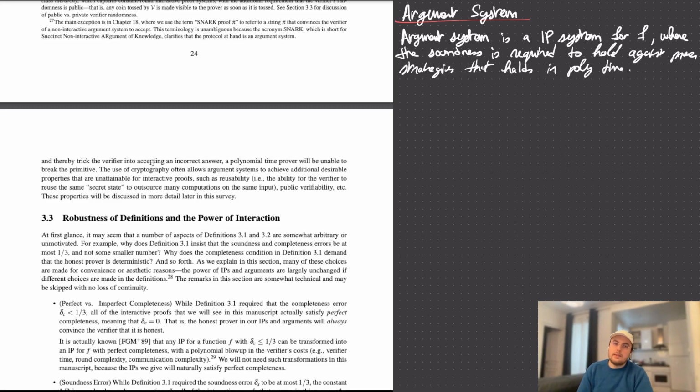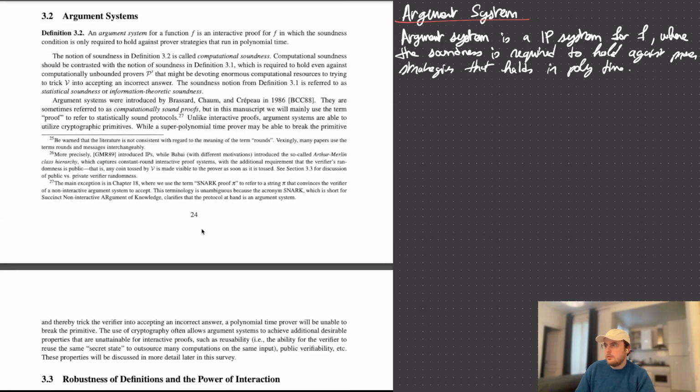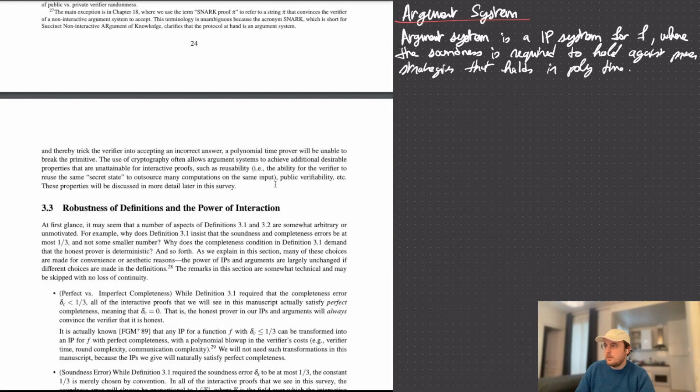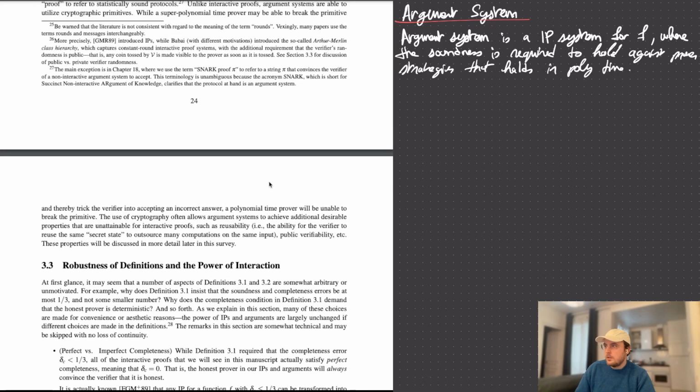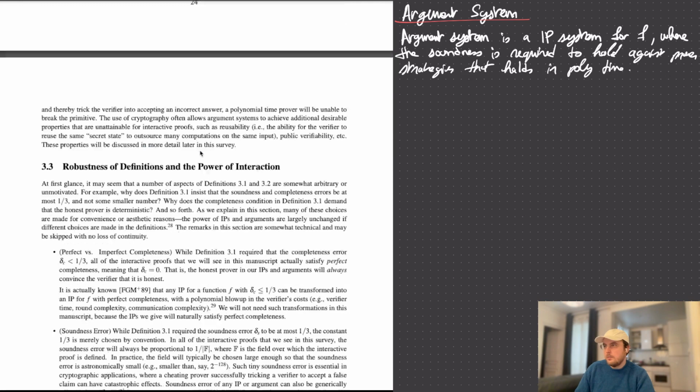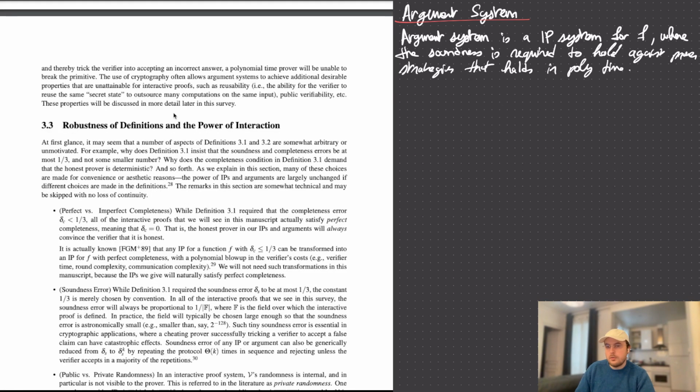So it means that you could break it if you have a super-polynomial time prover, but not a polynomial time prover.